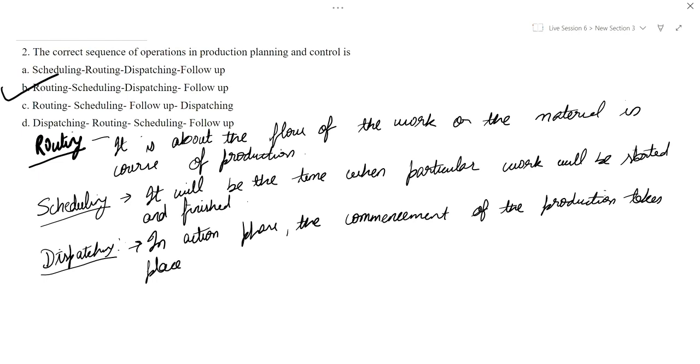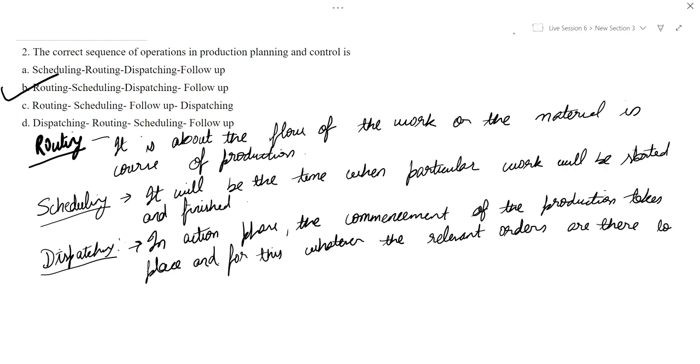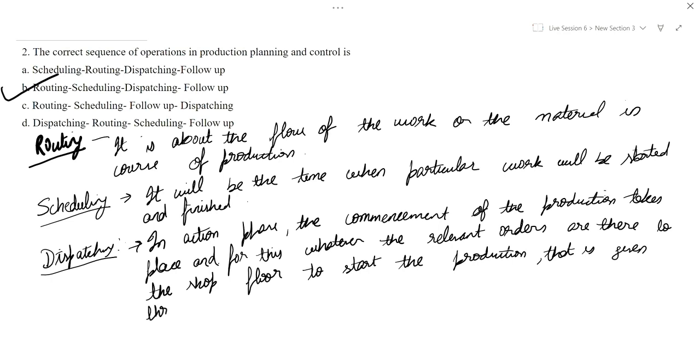And for this, whatever the relevant orders are to the shop floor to start the production, that is given through dispatching.